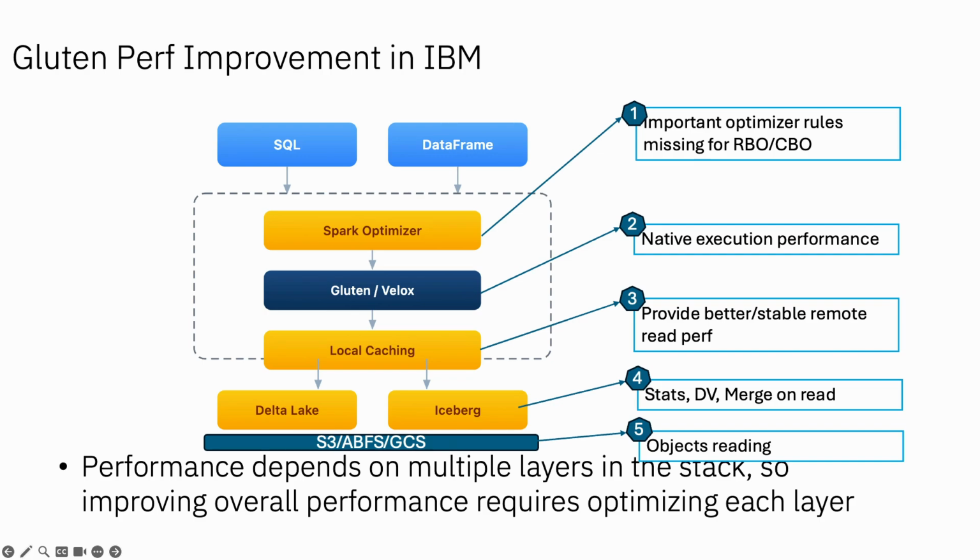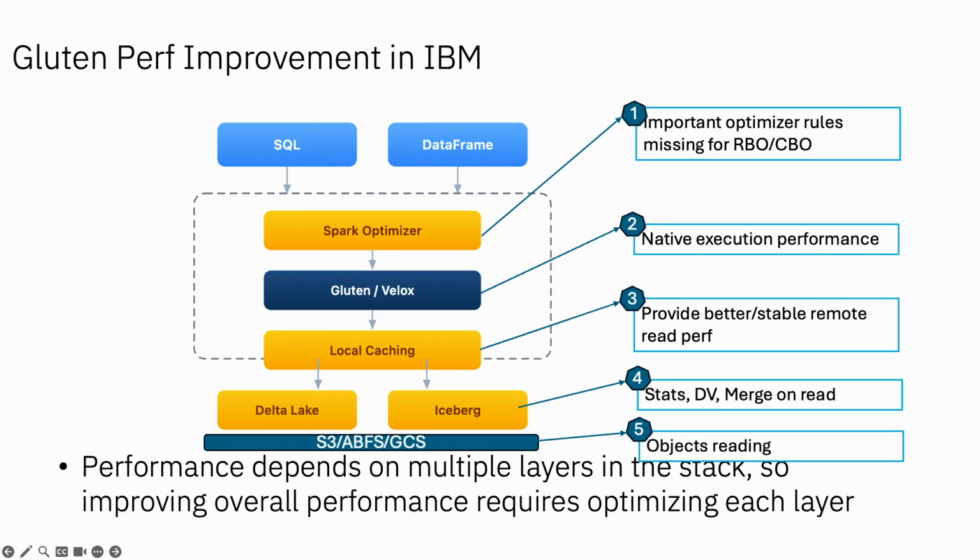Okay, so here's the performance improvement work we are doing mostly this year. The diagram describes a stack where the upper layer is from the client. We have SQL clients and DataFrame clients.